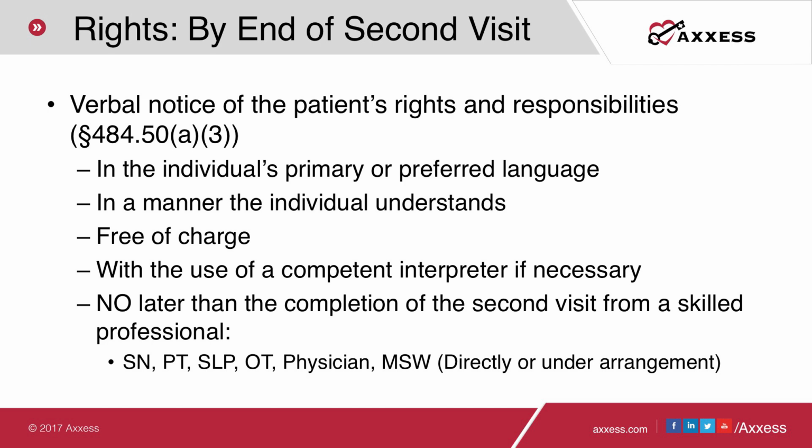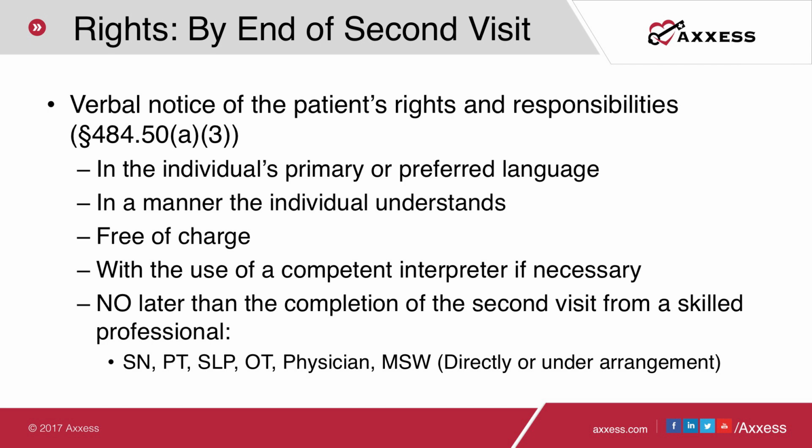So CMS was kind enough to break this out into some timelines. The timelines do not mean you have to wait until the fourth day or the second day. If you can handle all of this on the initial evaluation visit, you can take care of all of these notifications of rights.